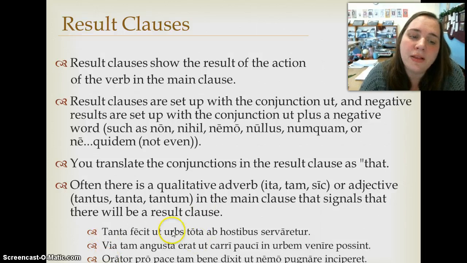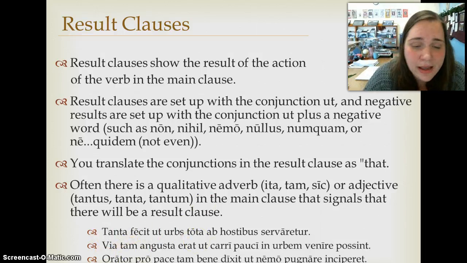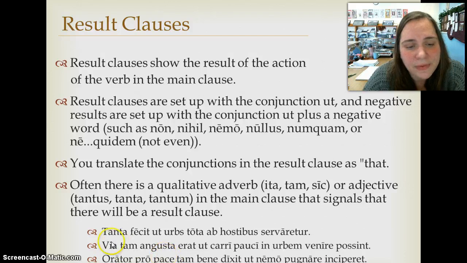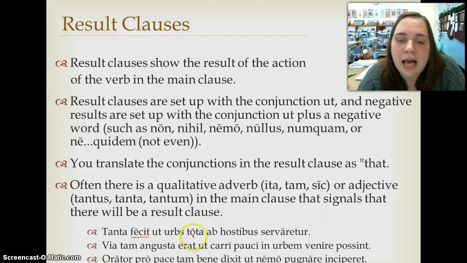So let's look at a couple examples, or three examples actually, on this slide. Tanta fecit ut urbs tota ab hostibus servaretur. Okay, so let's get our little handy dandy pen. There we go. So our main verb, fecit, she did such great things, ut, that the entire city, the tota urbs, was saved from the enemy. Yay.